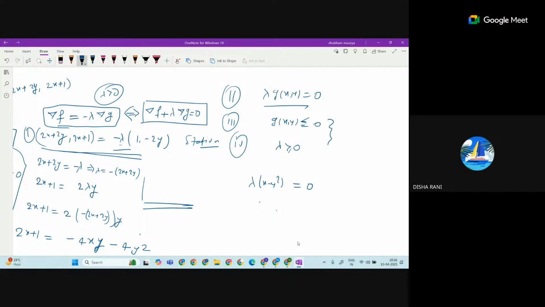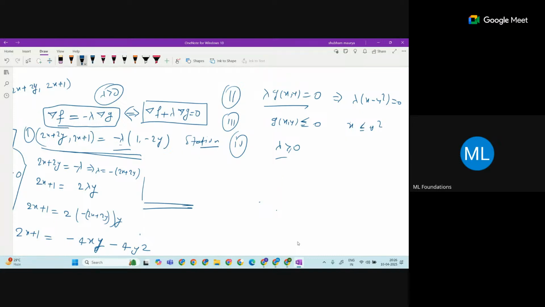If the interior point satisfies, then we can check the primal condition. So this will give lambda (x minus y square) is equal to 0, and this will give x less than or equal to y square. This we already have.